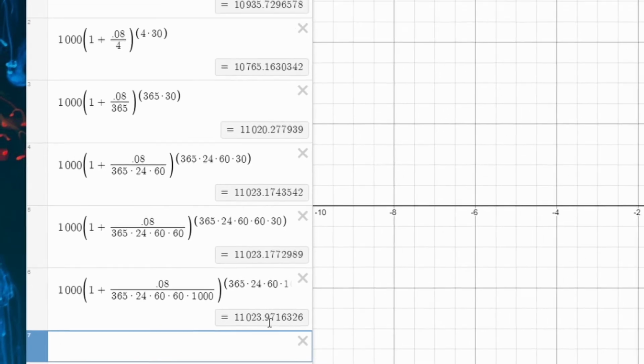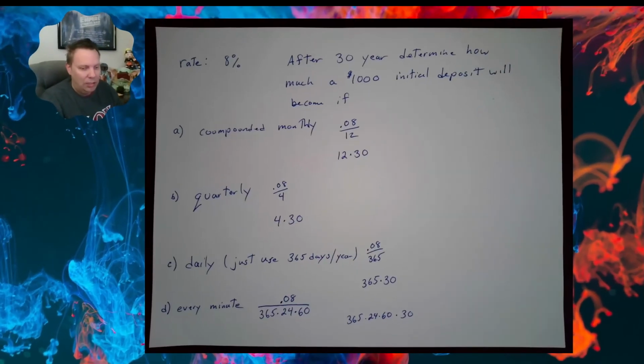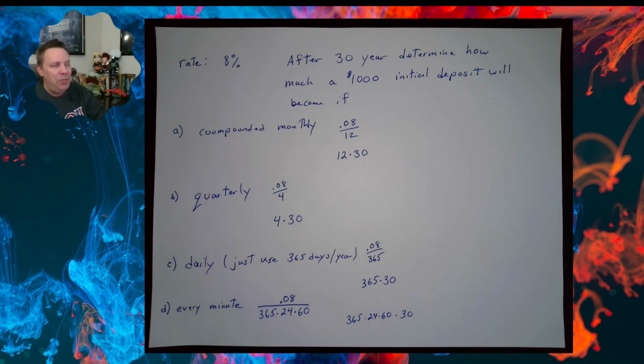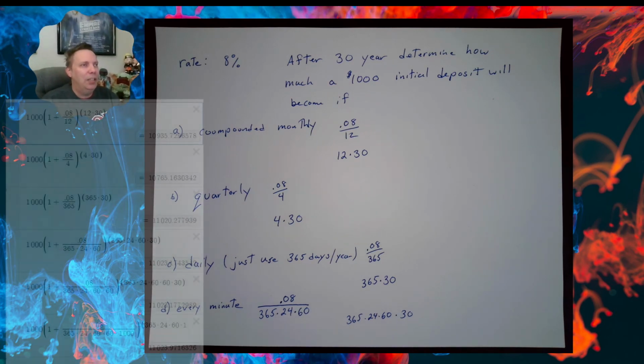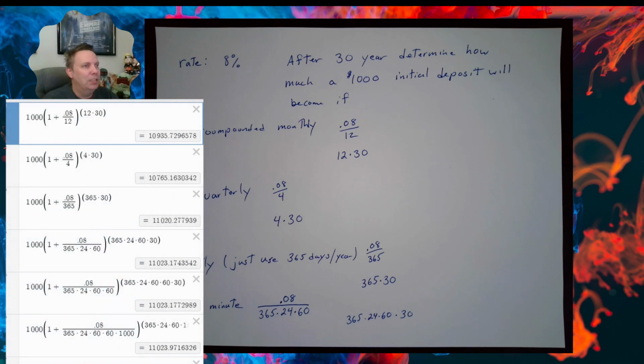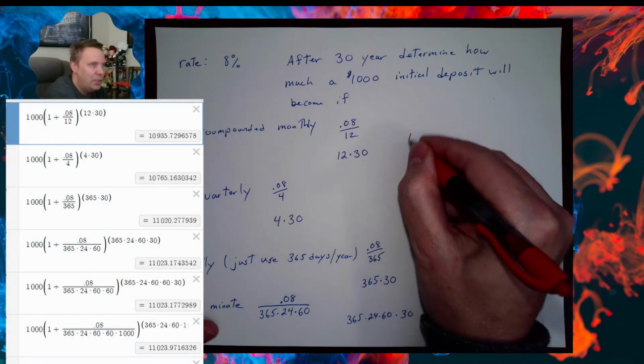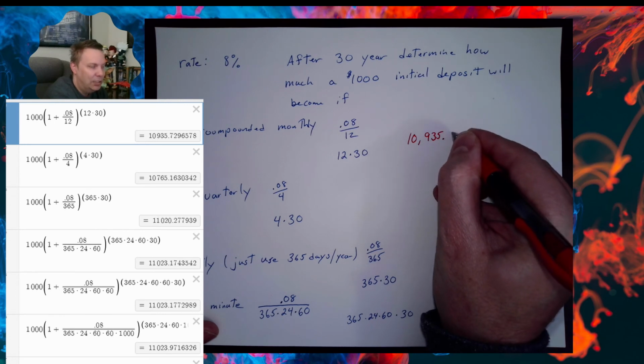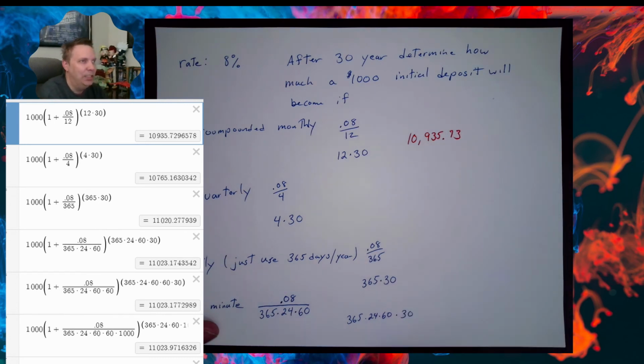So to come back to things, my answers for this particular problem, and I'm just reading off the screen that we had before. The monthly was $10,935 and about 73 cents.